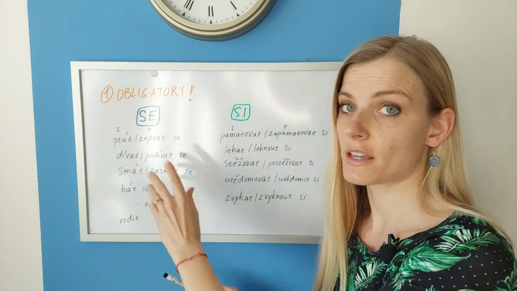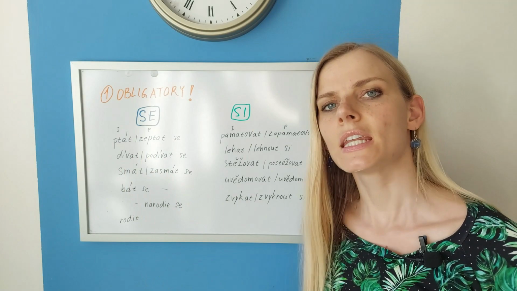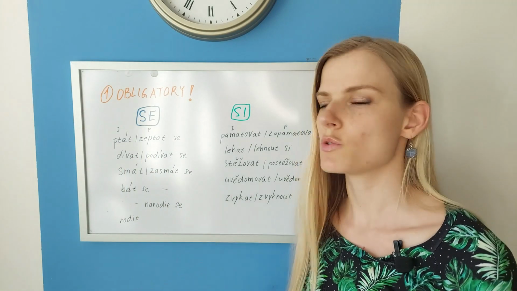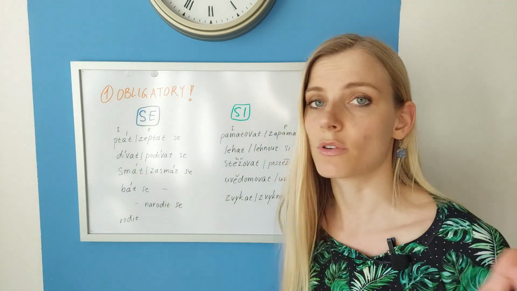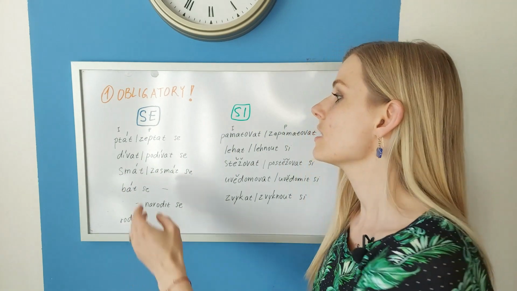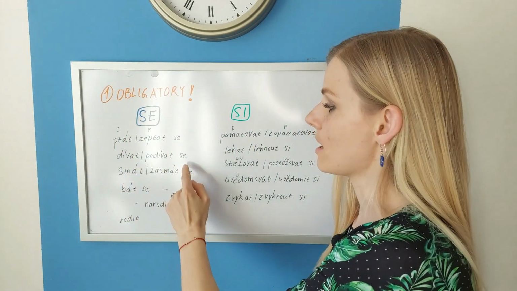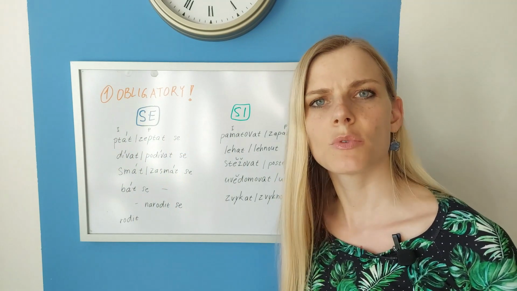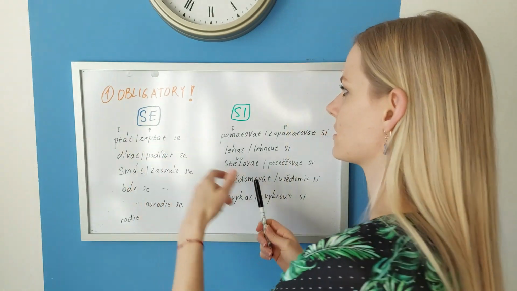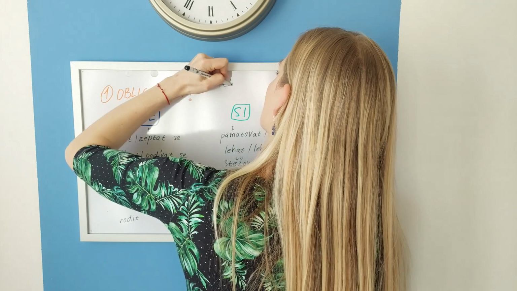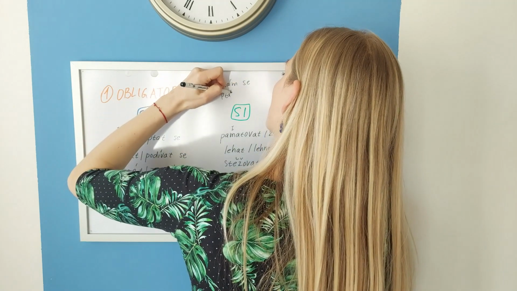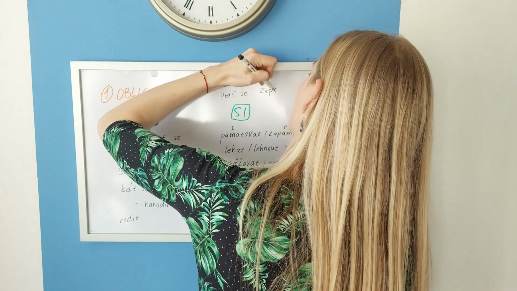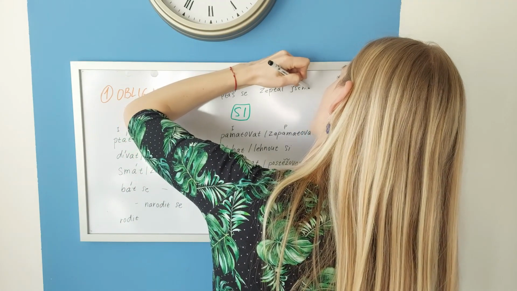You could see from the examples I gave you that it doesn't matter what tense we use, so we can use it in present or in future, in past. We always have the se part, and the se doesn't change its form no matter what the pronoun is. For example, ptám se, ptáš se, zeptal jsem se.